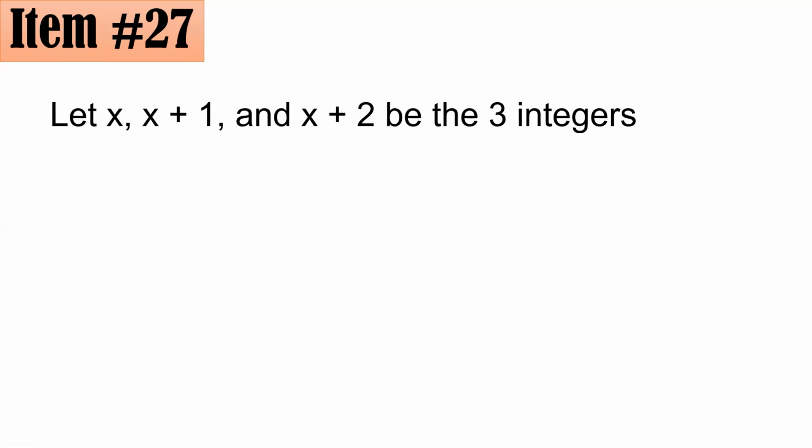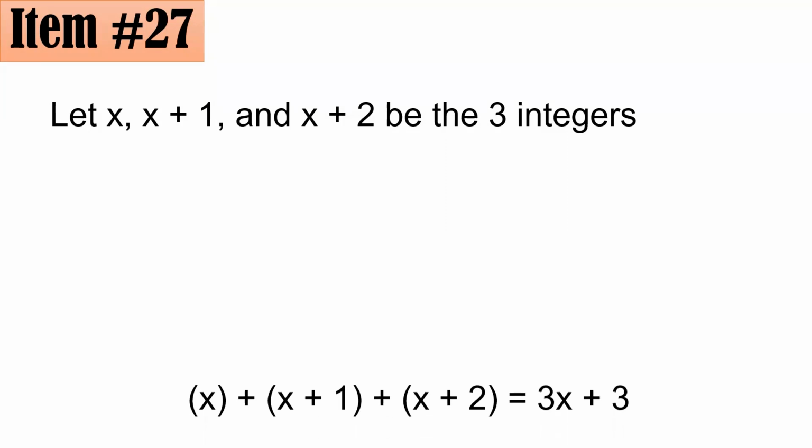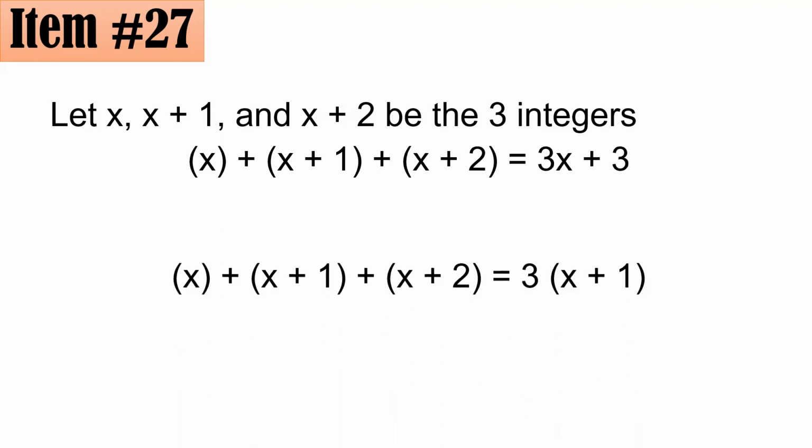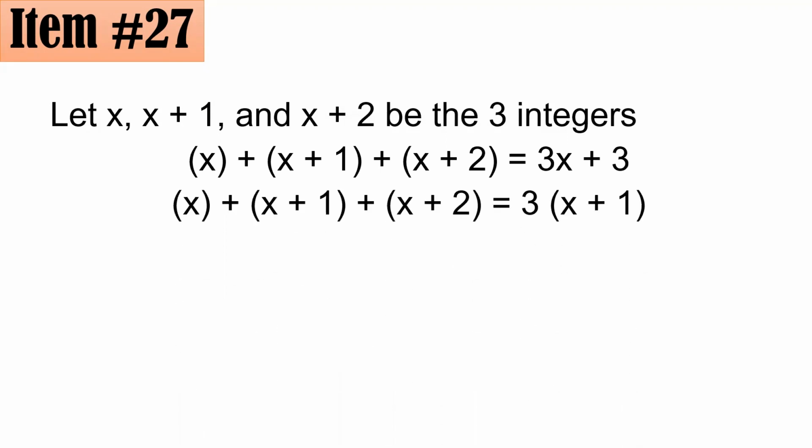From here, we could see that if we add them, it will be equal to 3x plus 3, right? Tama. And 3x plus 3 could actually be factored as 3 times the quantity x plus 1.